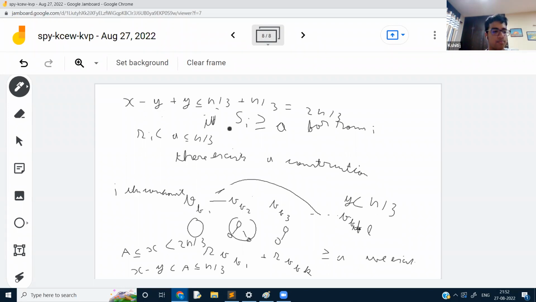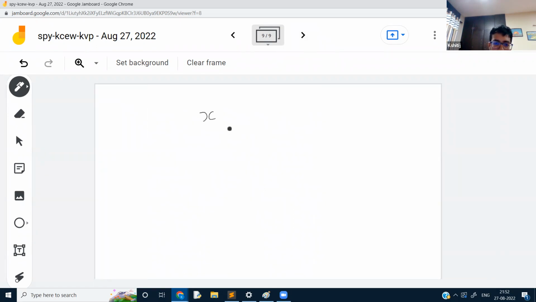So we get this is less than 2n by 3. So the size is now in the range n by 3 to 2n by 3.